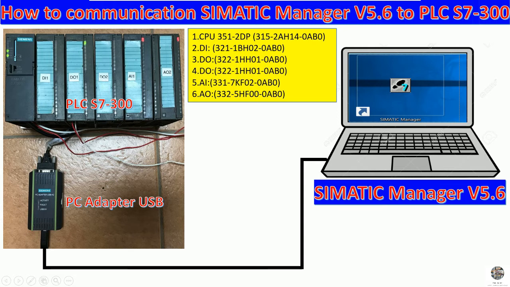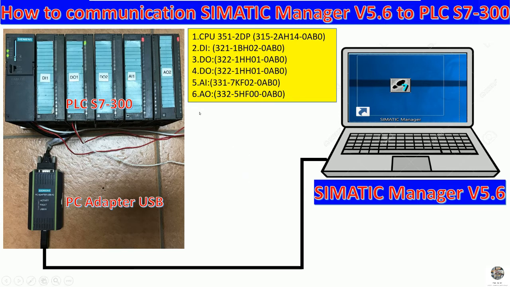Okay. So here I will choose the adapter USB A2, also the same as the TIA, yes, that we already learned in the previous video. And here is the I/O, yes, that we focus on: DI, DO, AI, and AO.